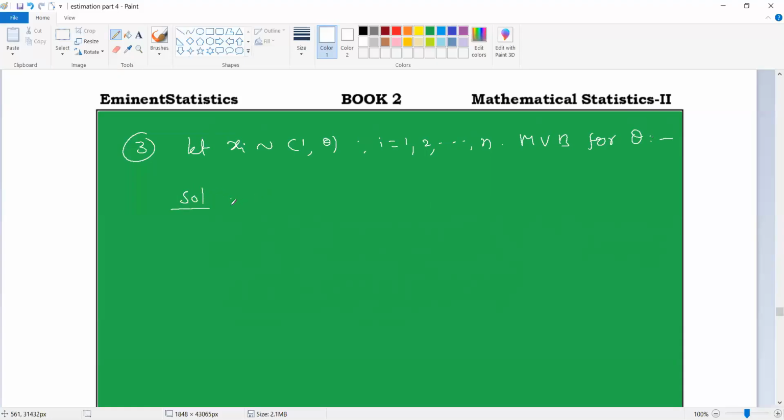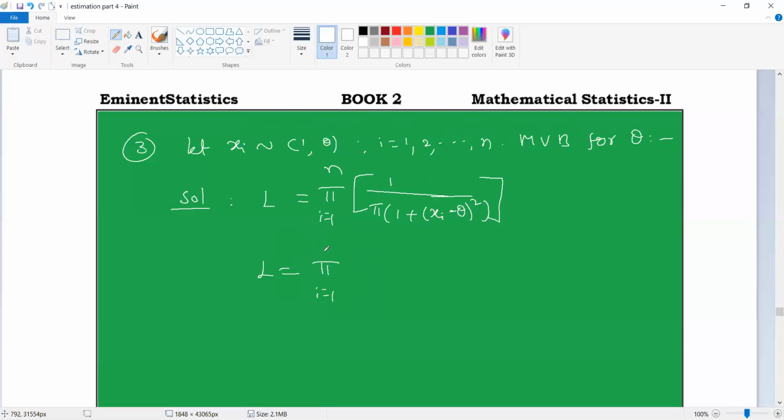The likelihood function is equal to product i is equal to 1 to n of 1 by pi times 1 by 1 plus xi minus theta whole square. This is the PDF of the Cauchy distribution.